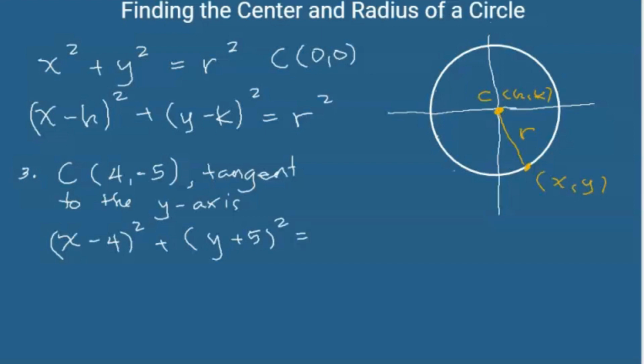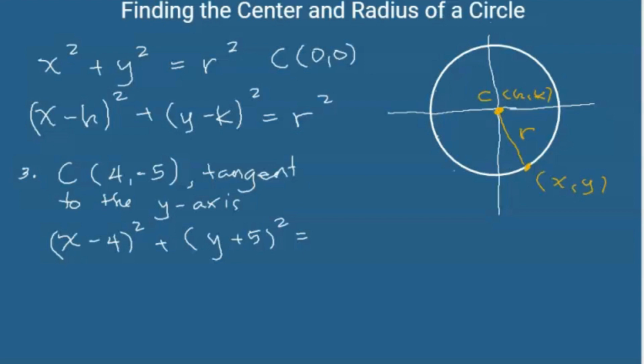Now, please note that if the circle is tangent to the y-axis, it means that the radius is equal to the value of our h. If they say that the circle is tangent to the x-axis, then the radius is equal to the value of k.